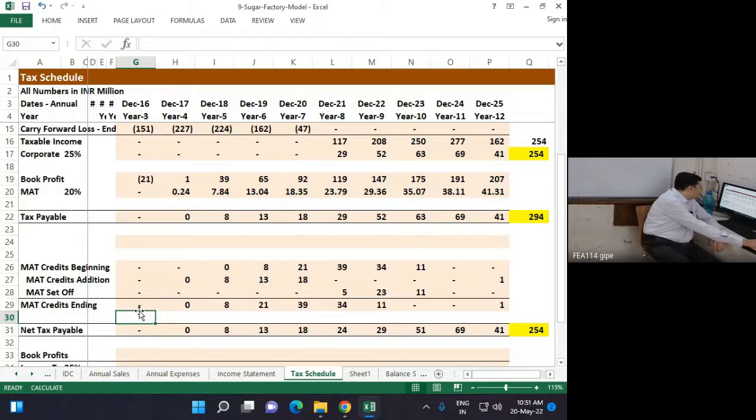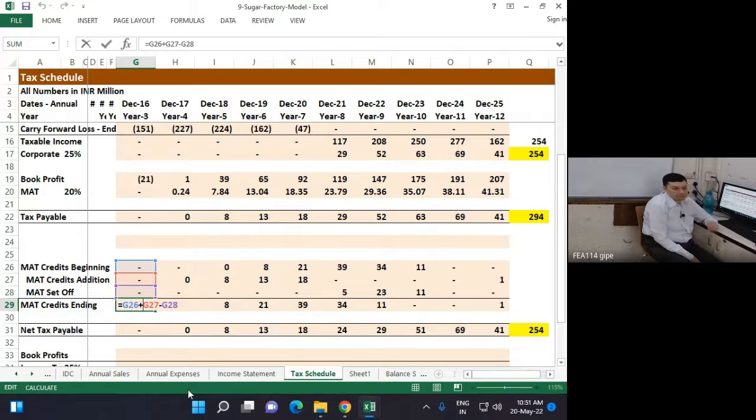Ending balance is beginning plus addition minus set off. Net is MAT set off, not ending set off. Ending is cumulative and set off is periodic.